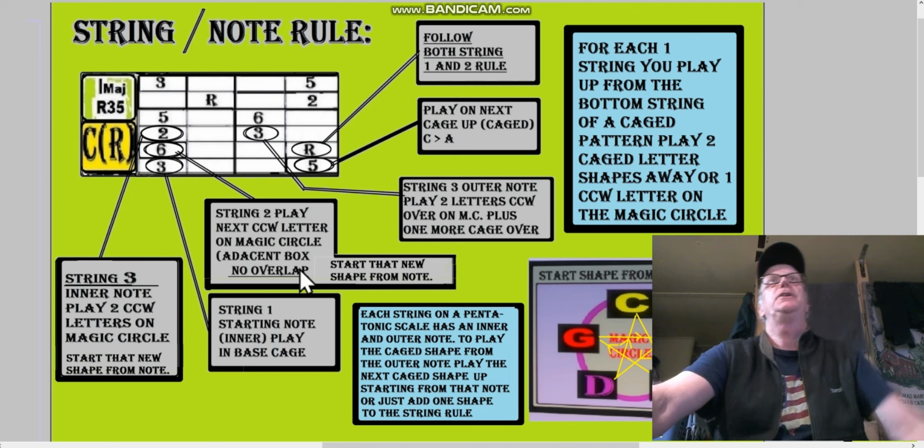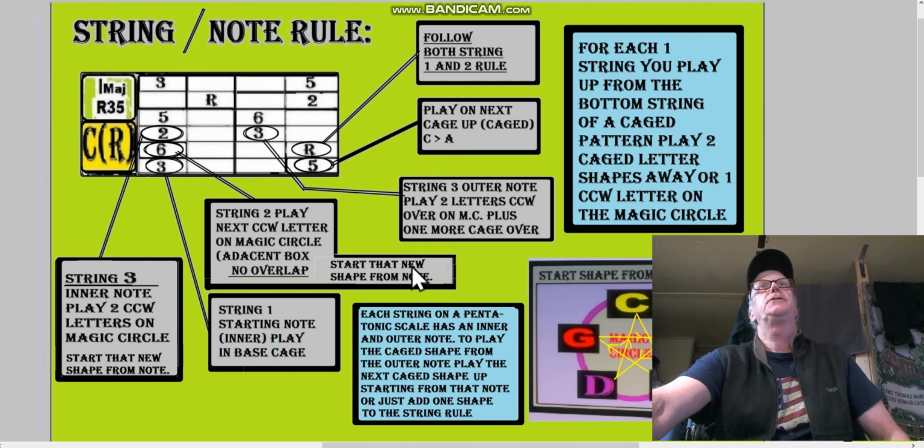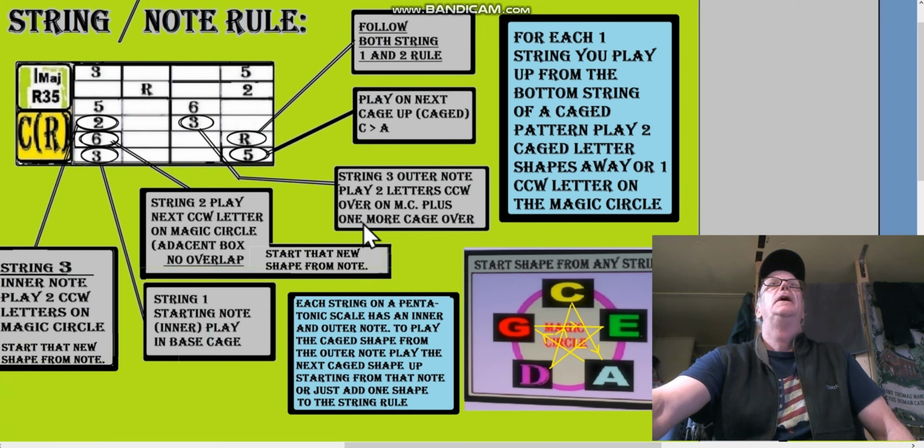Additionally, you can start that new shape that we got from this rule for the magic circle from that note. Here's the magic circle, and it says play the next counterclockwise letter. We're in the C shape. The counterclockwise letter would be the G shape. We can start a G shape right from that 6. What is the 6th of C? It's A.